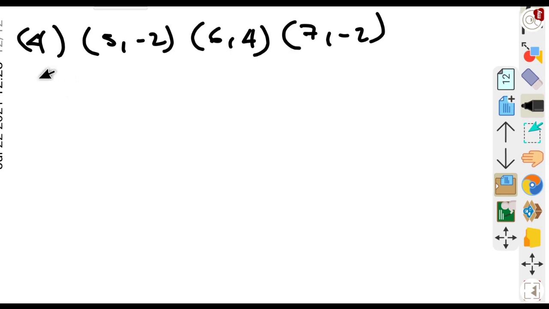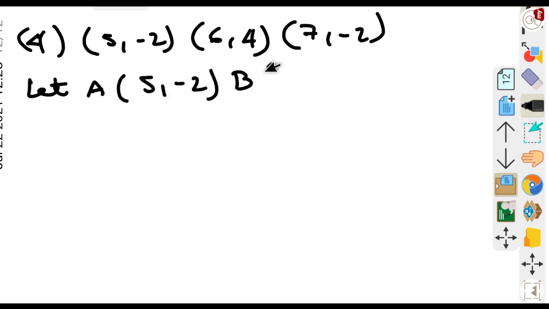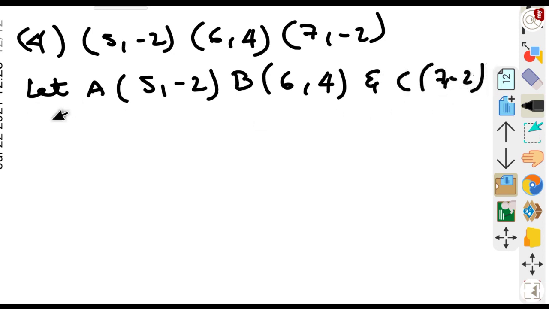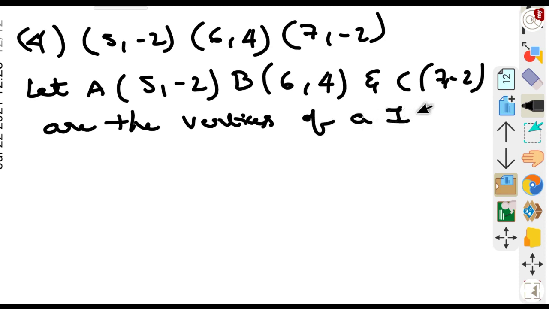First you need to write down the given coordinate points as: let A of (5, -2), B of (6, 4) and C of (7, -2) are the vertices of an isosceles triangle. First we need to write down like that.